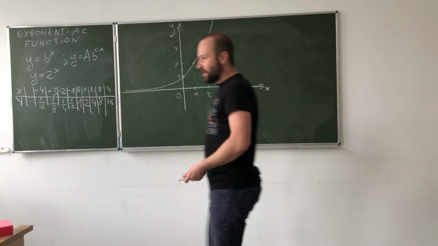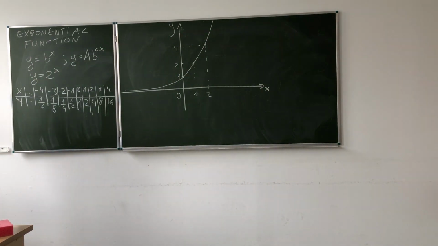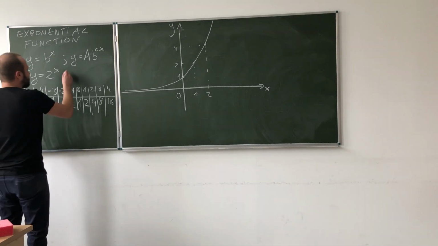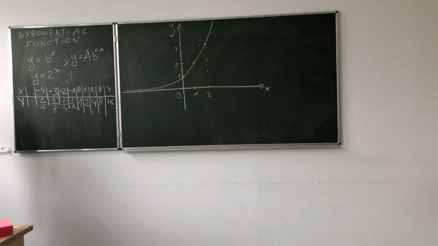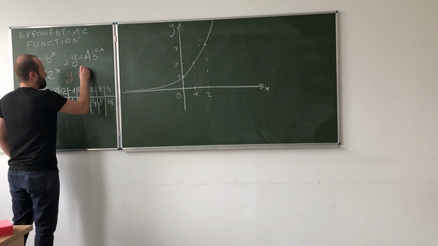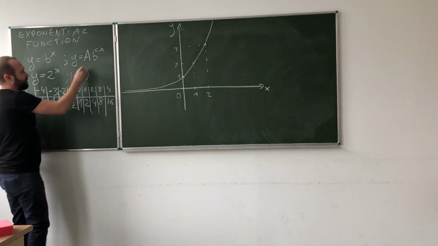Okay, now let's make some transformations to this function, and let's see what's going to happen. Look, the first transformation, let's see what happens if instead of 2 to the power of x, we would have 1 over 2 to the power of x.